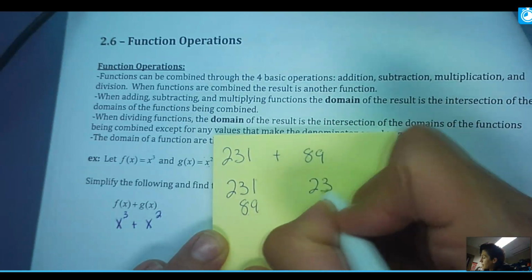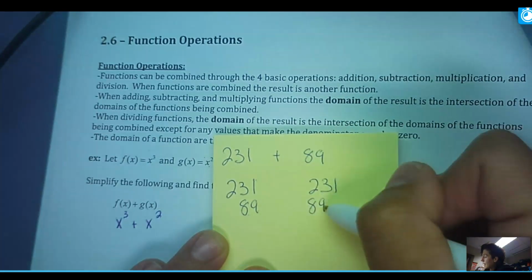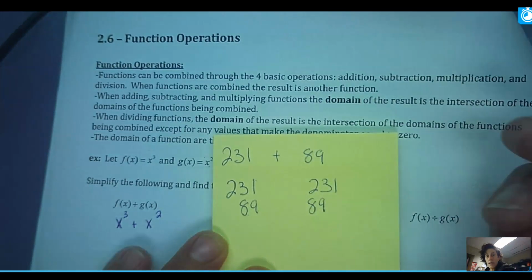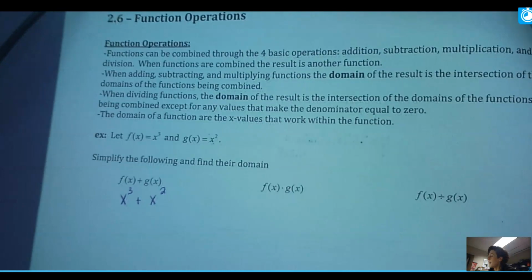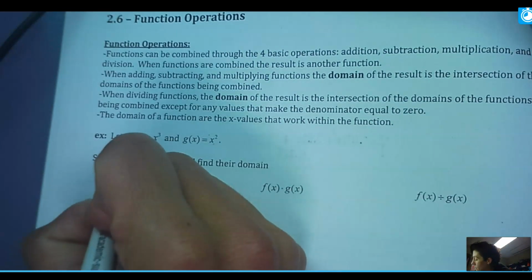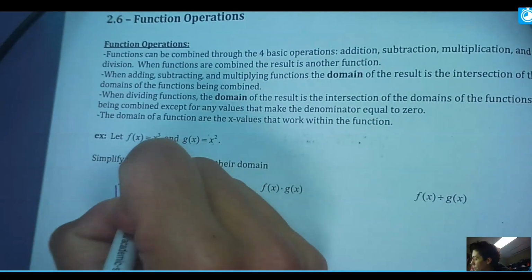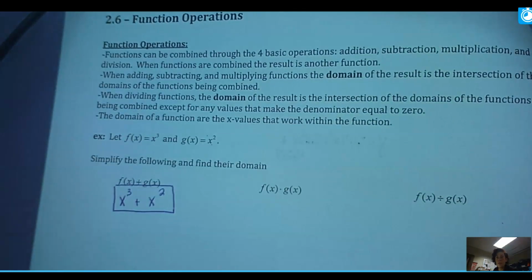You wouldn't have done this because now you're taking a ones and adding it with the tens. So adding, subtracting is very, very picky, okay? So this is it. This is as far as I can go, and I have a new function, all right?